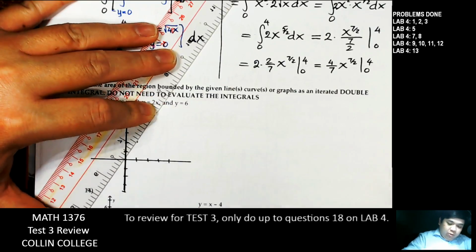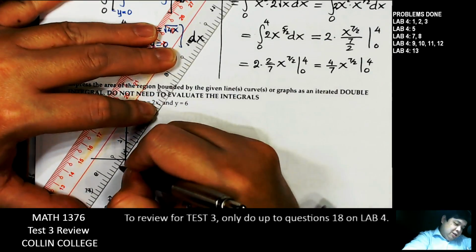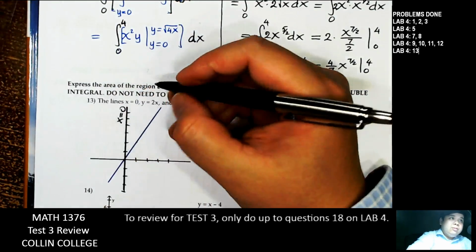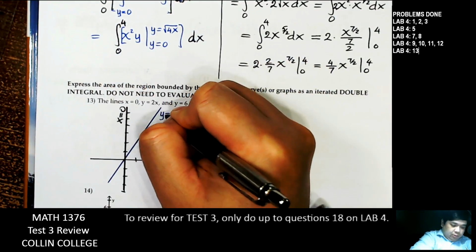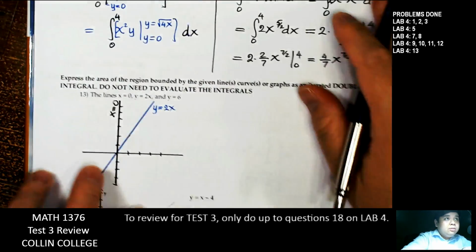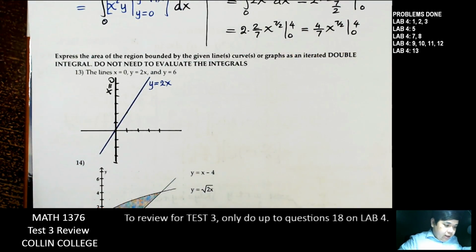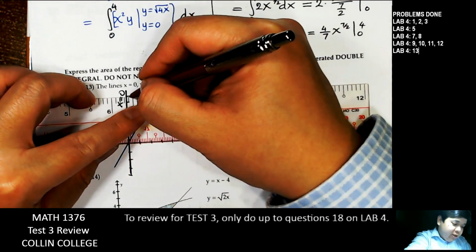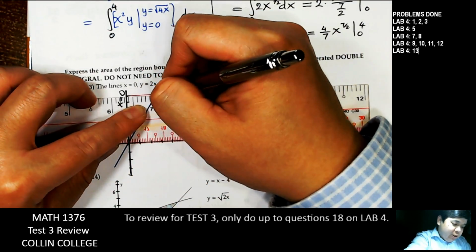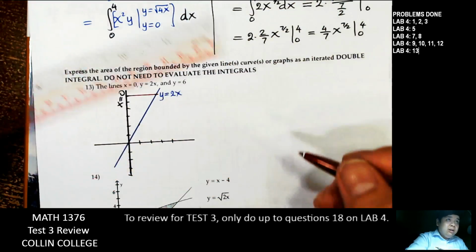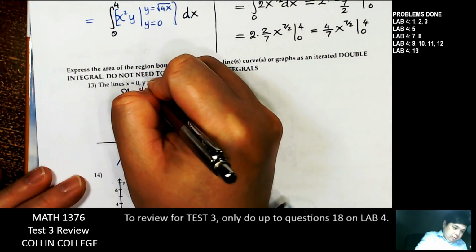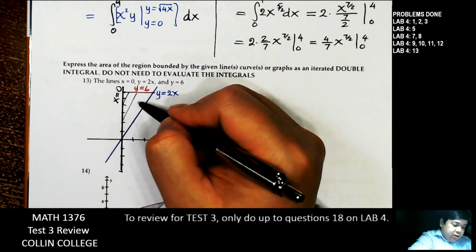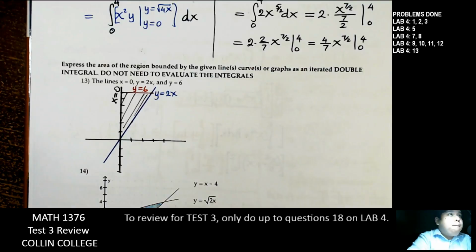And y equal to 6: 1, 2, 3, 4, 5, 6. Obviously, we're talking about this region.